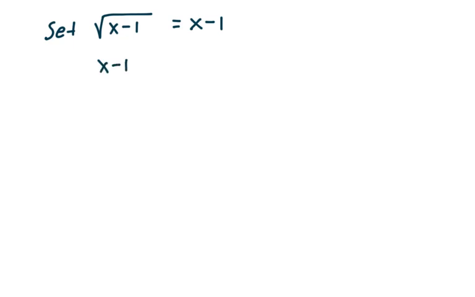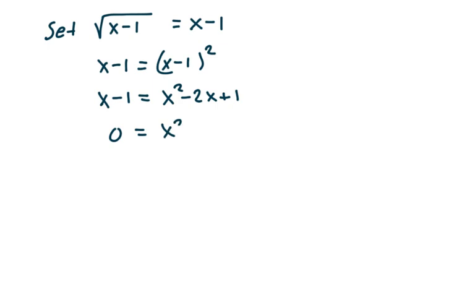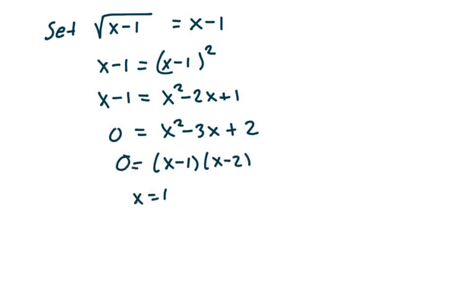If I square both sides, I get x minus 1 is x minus 1 squared, right? So when I solve, I get x minus 1 is x squared minus 2x plus 1, right? So 0 equals x squared minus 3x plus 2. So when I solve, I get x minus 1 times x minus 2 equal to 0. So x is 1 or x is 2.